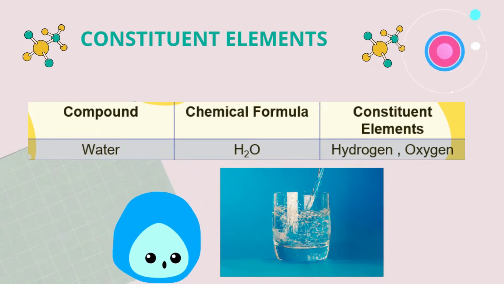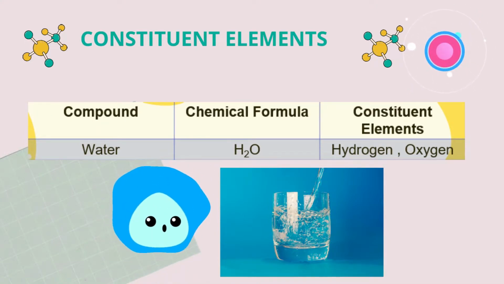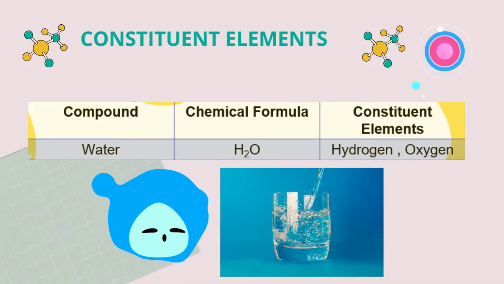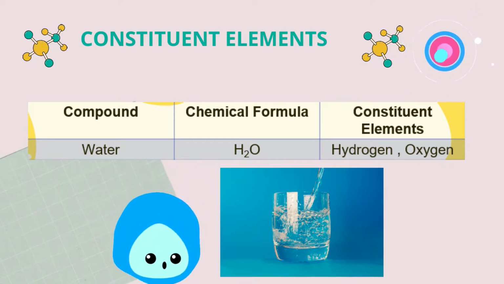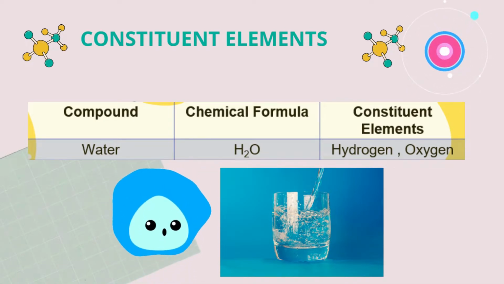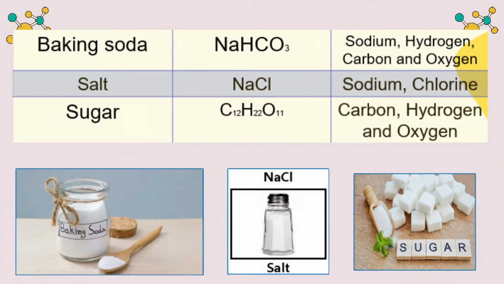For example, we have here water. The chemical formula is H2O. The constituent elements are hydrogen and oxygen. Another example, we have baking soda, NaHCO3.